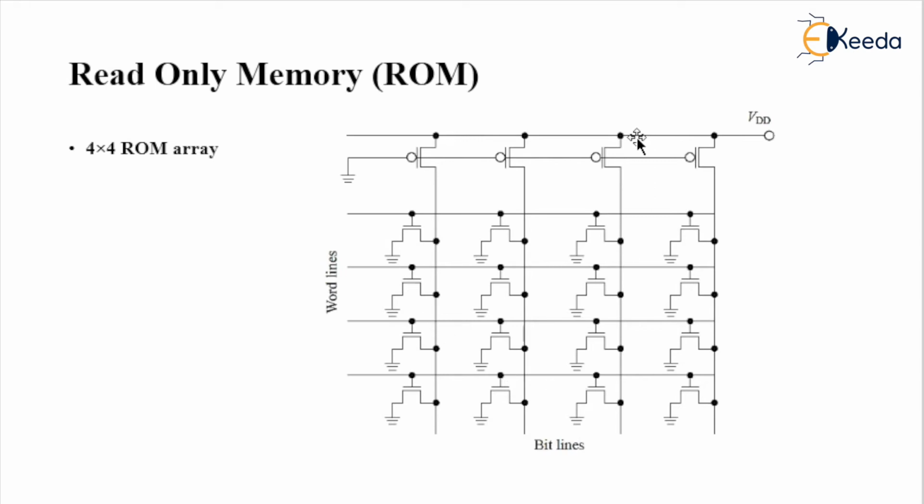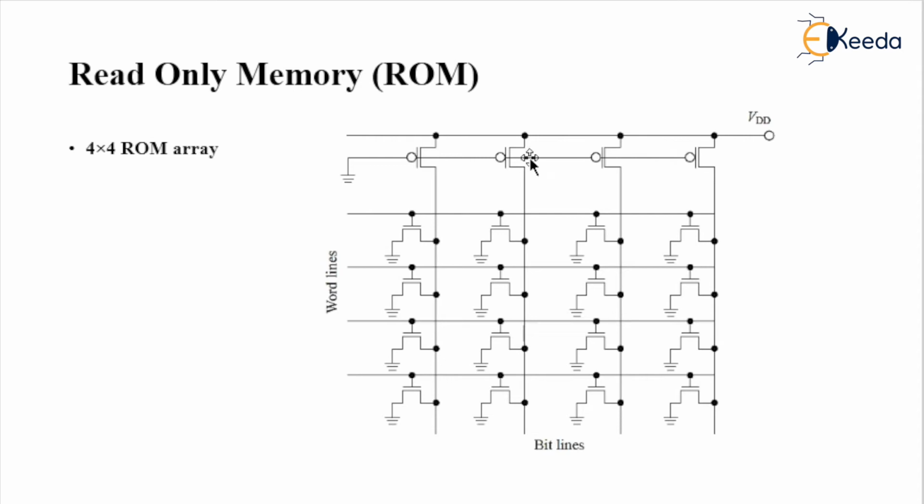Pseudo NMOS logic means that the PMOS transistor gate is connected to the ground potential, with respect to the input of the NMOS transistors. So that's why this structure is placed in a pseudo NMOS logic form.